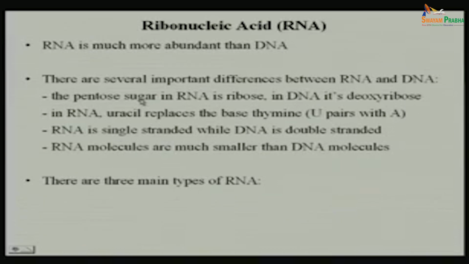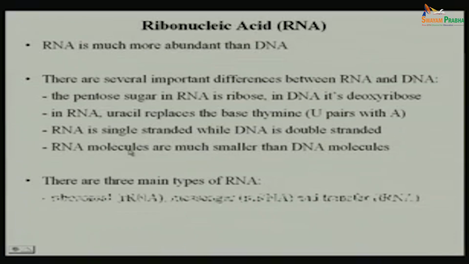The pentose sugar in RNA is ribose, and in case of DNA is deoxyribose. In RNA, uracil replaces the base thymine, that means U pairs with A. RNA is single stranded while DNA is double stranded. RNA molecules are much smaller than DNA molecules.